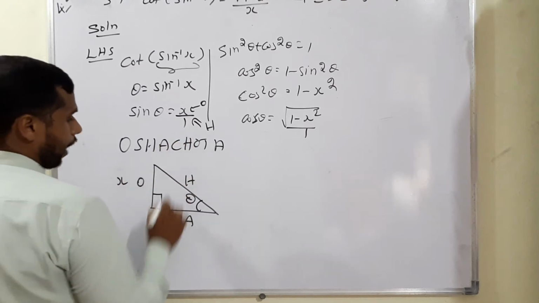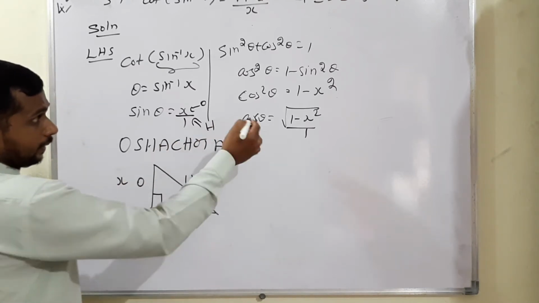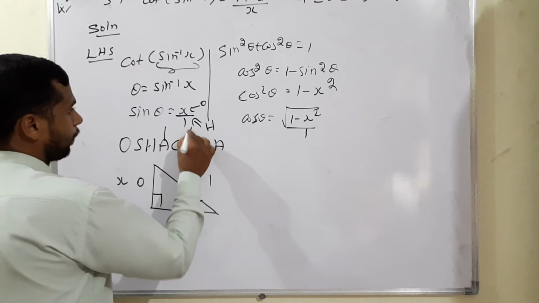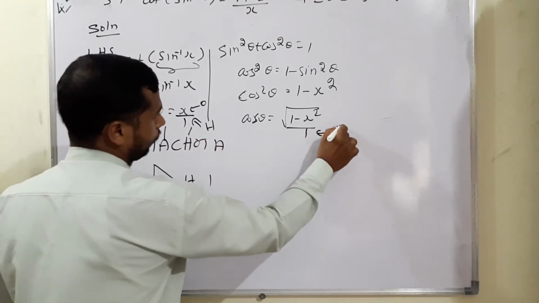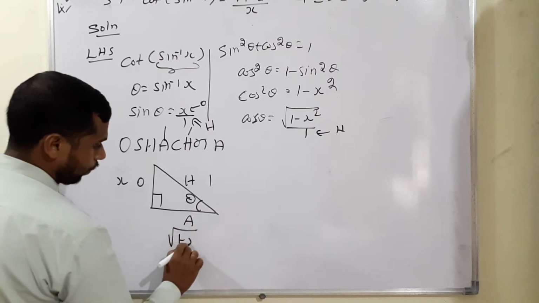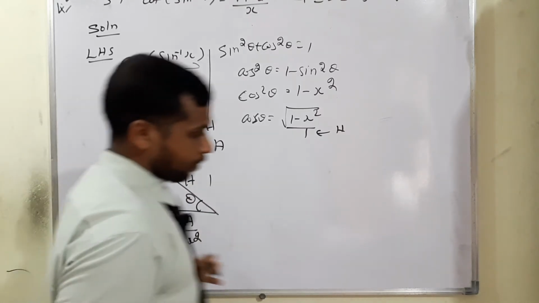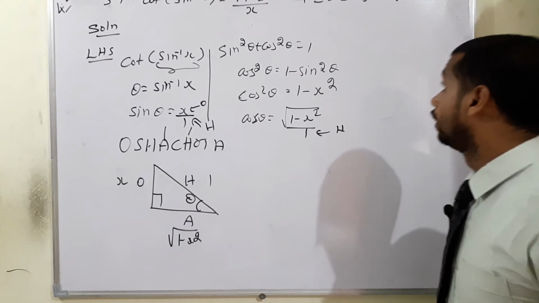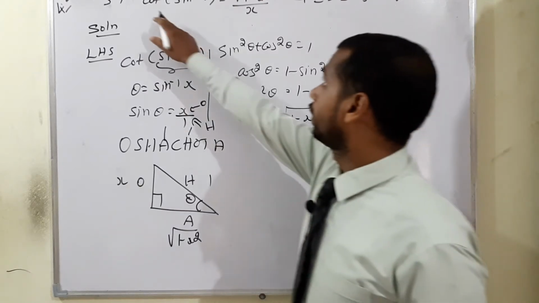Opposite value will be x, hypotenuse value will be 1. Cos theta means adjacent divided by hypotenuse. Hypotenuse is 1, but the adjacent value is square root of 1 minus x square.